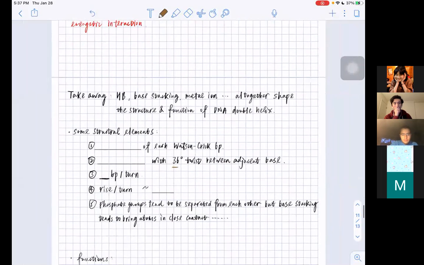Okay, some takeaways, very quick. Hydrogen bonding, base stacking, and metal ions altogether shape the structure and functionality of the DNA double helix.